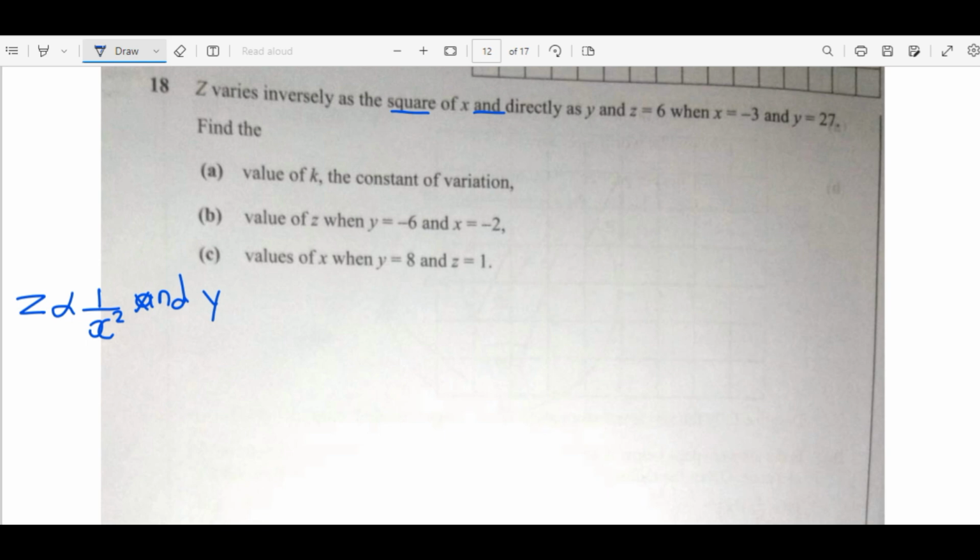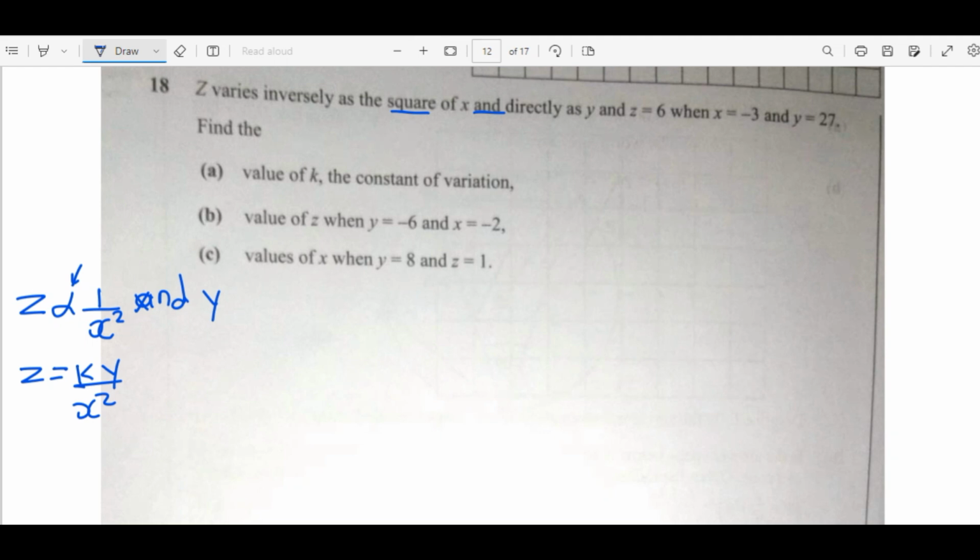Then let's make the equation. We'll say z, then this changes into an equal sign, then we introduce the constant of variation, k, which will multiply with y over x squared. Anything that is directly must be on top, and anything that is inversely must be on the bottom. So this is what we have done.